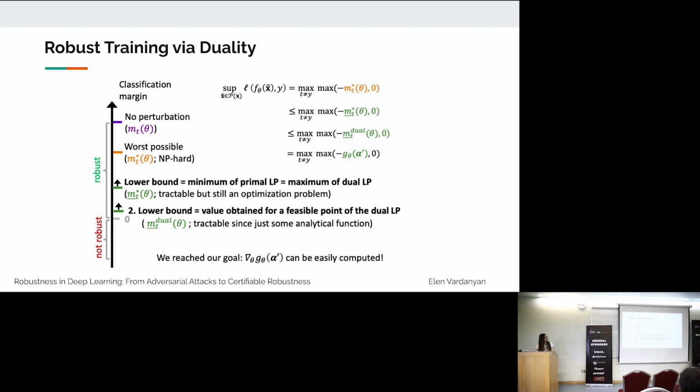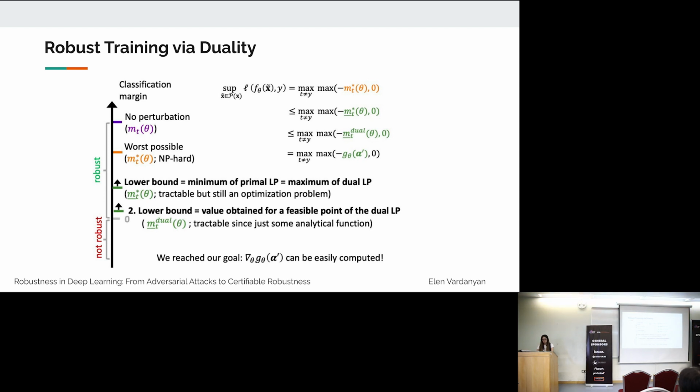Another thing I'll go over really briefly is robust training via duality. The general idea is that when we have this convex optimization problem, convex relaxation, we can reformulate the primal linear programming problem into a dual one, just as any linear programming problem.